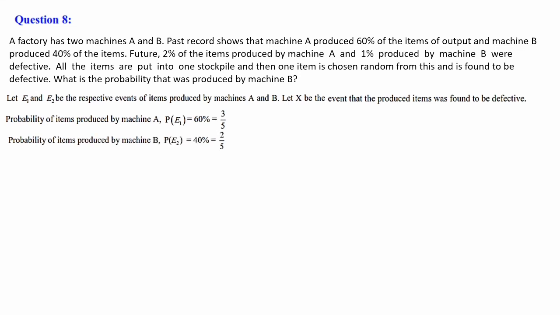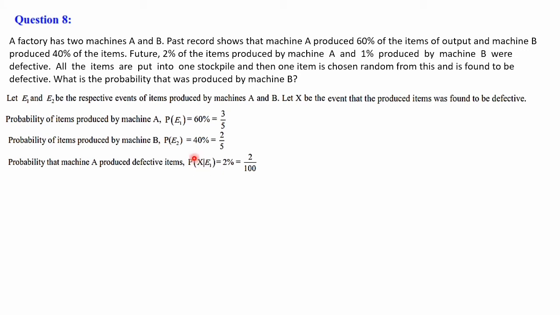Then the probability of E2, that is the probability of items produced by machine B, that is 40%, means 40 by 100. If you cancel 20, you will get 2 by 5. Then the probability that machine A produced defective items, that is what is given to you, 2%. So 2% of the items produced by machine A are found to be defective, means X given E1.